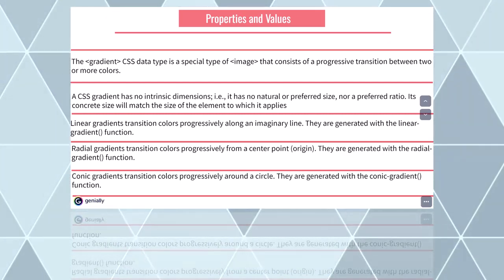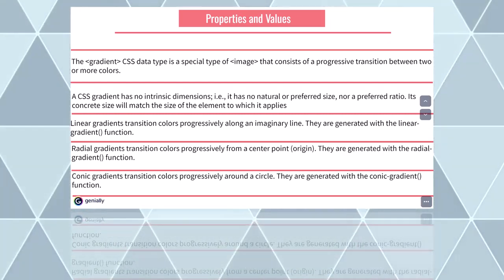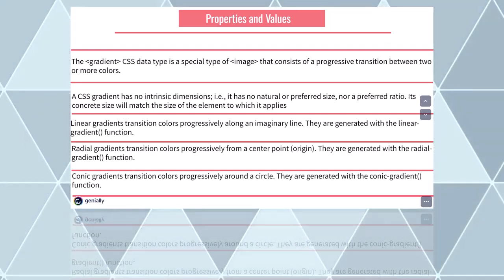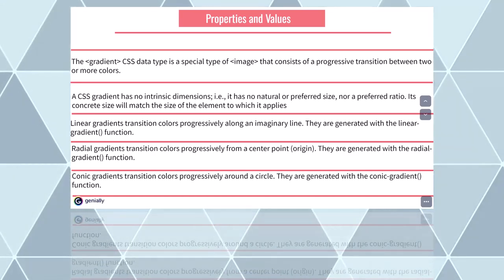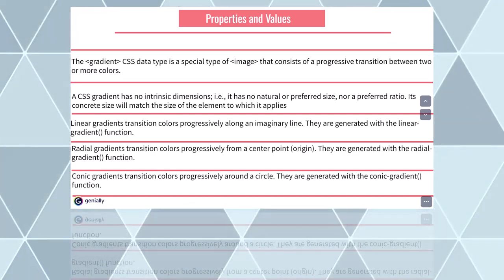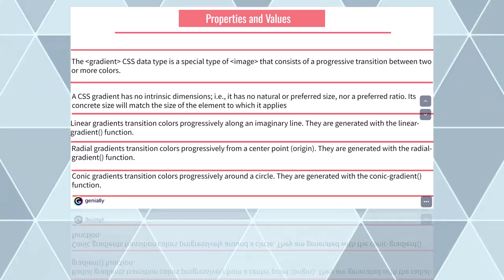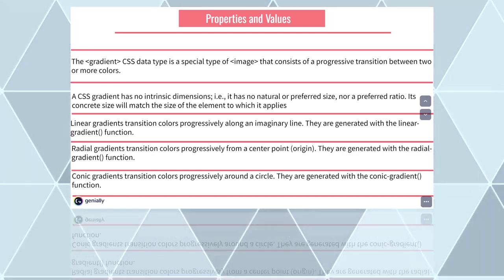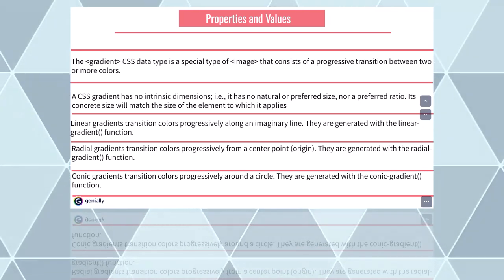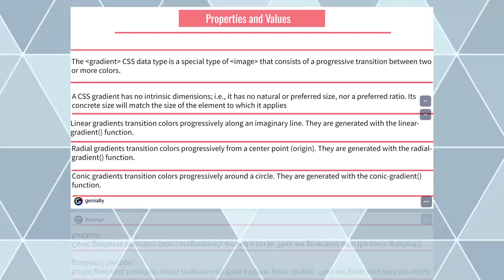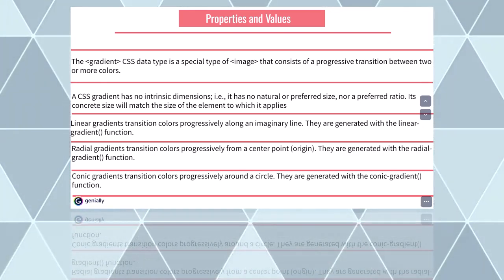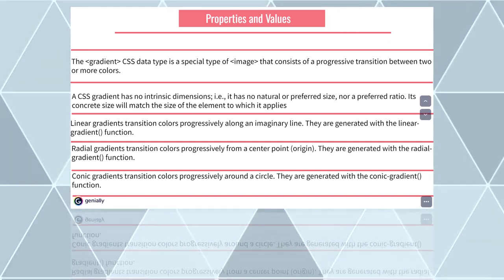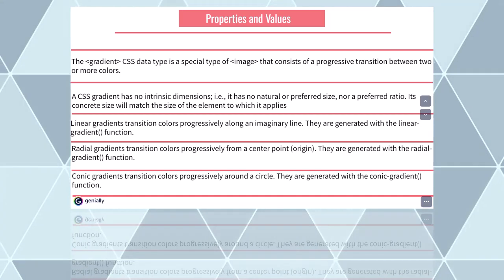If you scroll up, there are two options, linear and radial. And if you scroll down, you can copy the whole code and paste it in your IDE. It will give you the same colors that you created. You can add as many colors as you want. Can you see that?